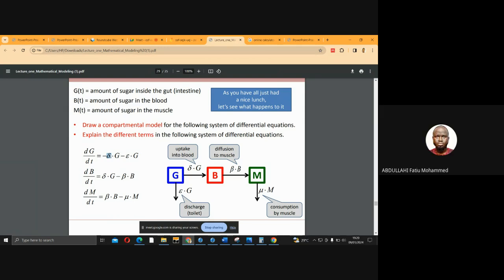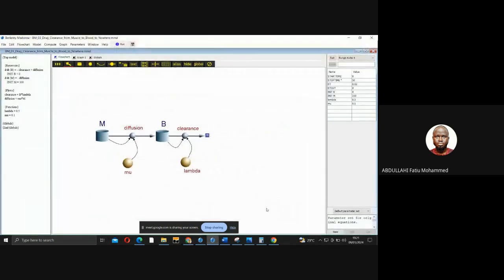Then the mu M is what the muscle is consuming, so that one too will be minus from M. So all these items, delta G, epsilon G, beta B and mu M, are minuses from these systems, moving from one compartment into another. So dG/dt, the rate of change in the gut over time, is going to be two things: the uptake into the blood, which is delta G, and epsilon G.